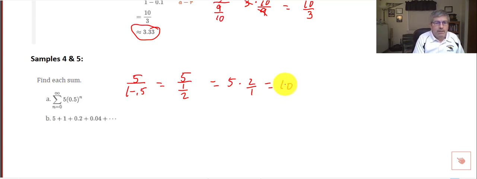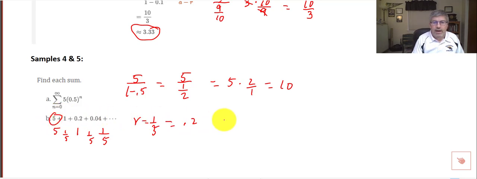And here, in sample B, we have 5, 1, 2/10 which is 1/5, and 4/100. So we can figure out our r here seems to be 1/5. If our r equals 1/5, that's the same as 0.2, if you will. Our first term is 5.